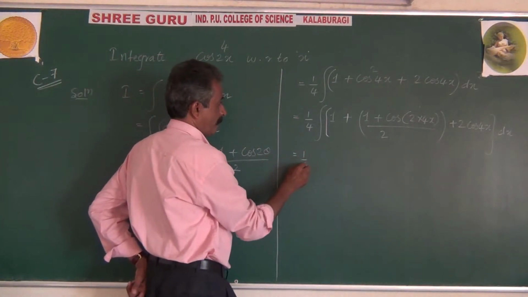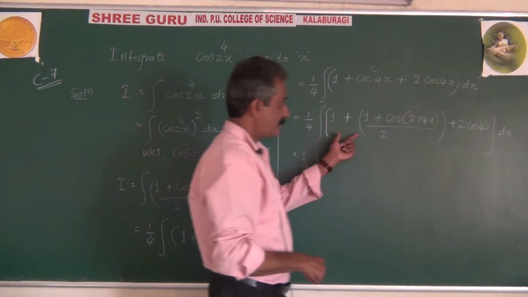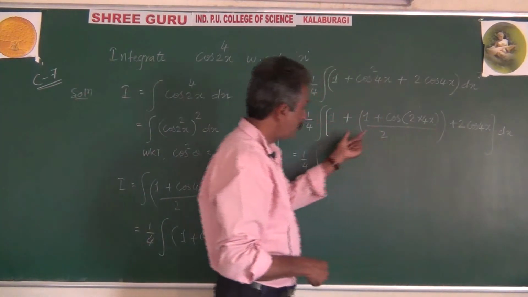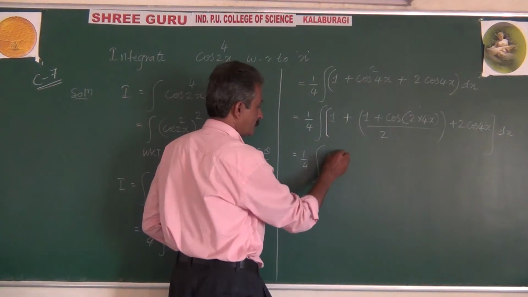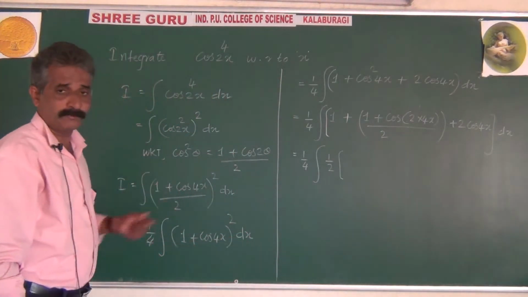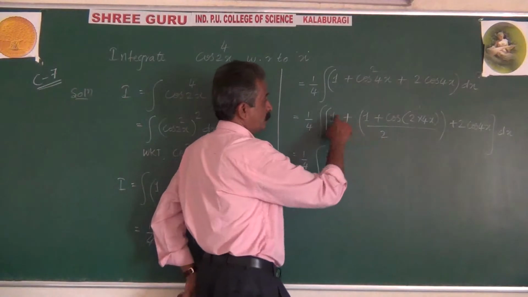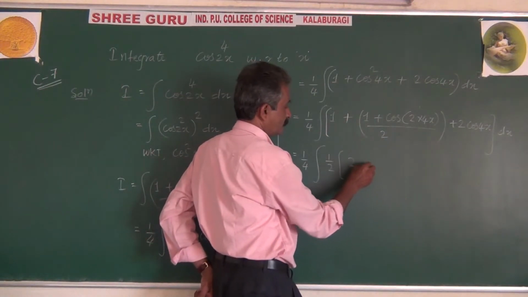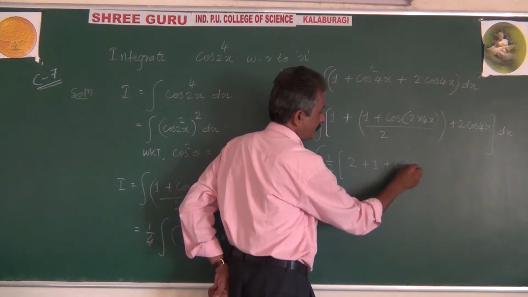By 4 integration. We can take the overall LCM as 2. This is after all 1 by 2 into LCM 2, means 1 by 2 multiplying the remaining: 2 into 1 becomes 2, plus 1 plus cos of 2 into 4x is 8x.